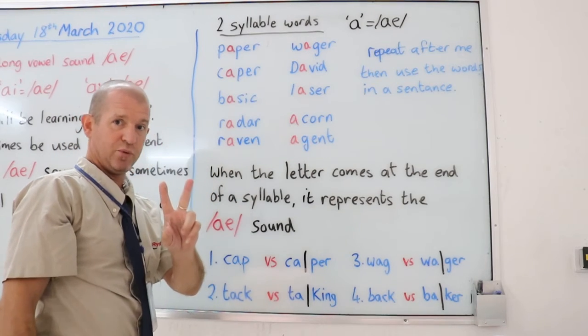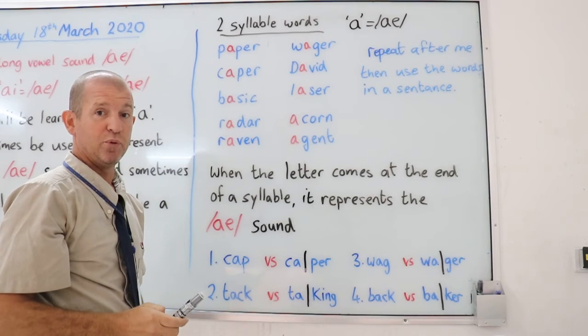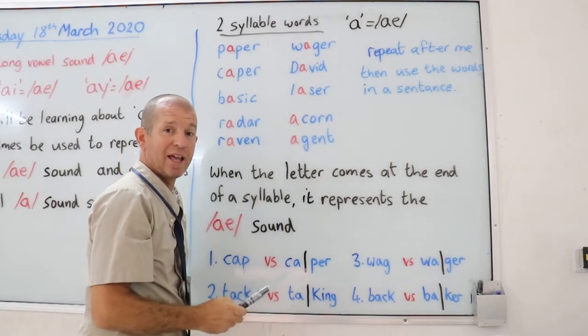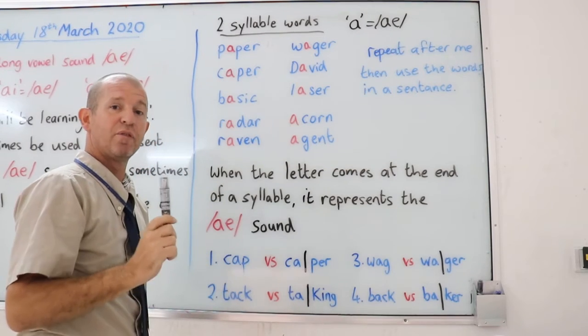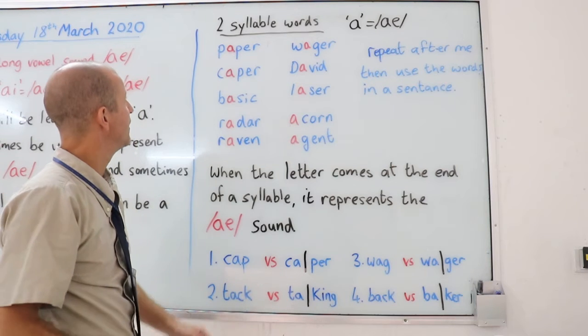Paper, two syllables. The A comes at the end of the first syllable. So this is when the A, that's usually an A, changes to an A sound when it's at the end of the first syllable, or any syllable of a word.